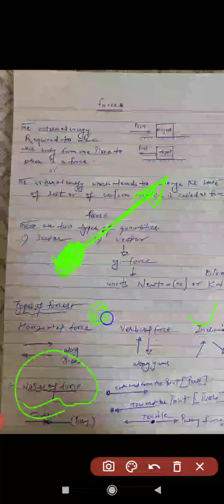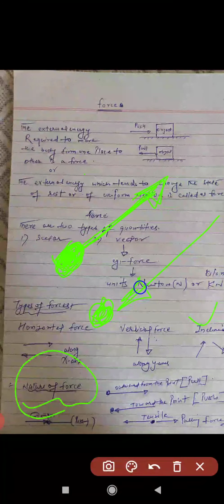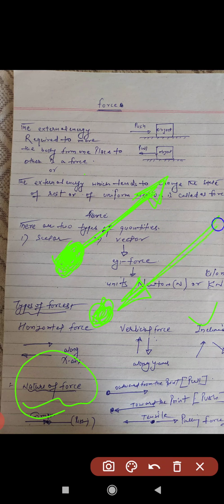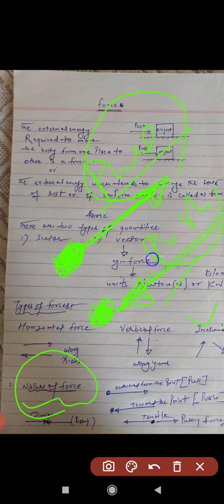In the same way, on the same point, you are pushing this point, and the direction of force is toward the point. Here you pull that point, and here you push that point. So the nature of force is pulling and pushing.